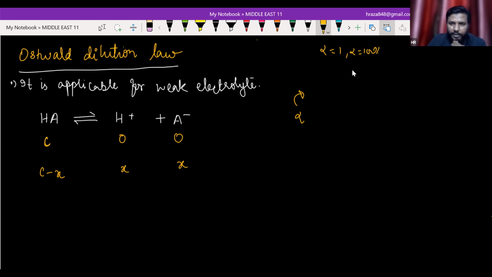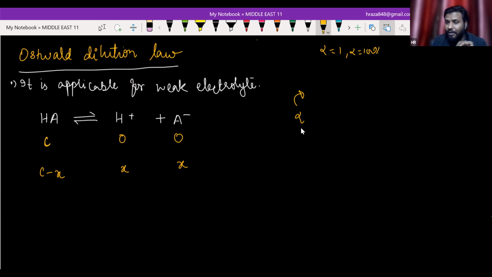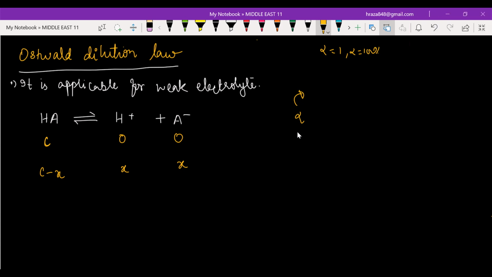With the help of alpha, we can come to know how many moles or how much concentration of product is formed. Is that clear?